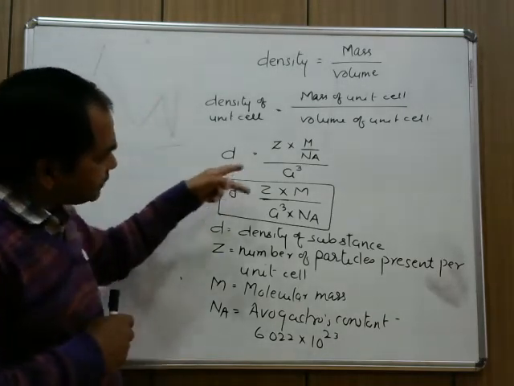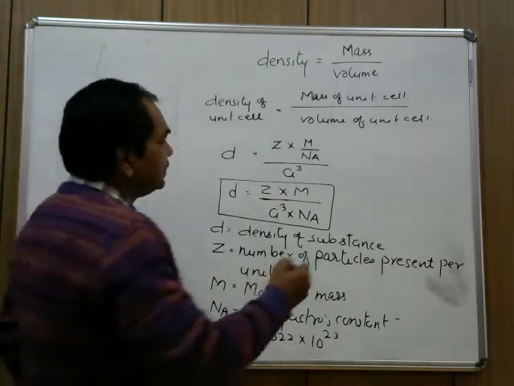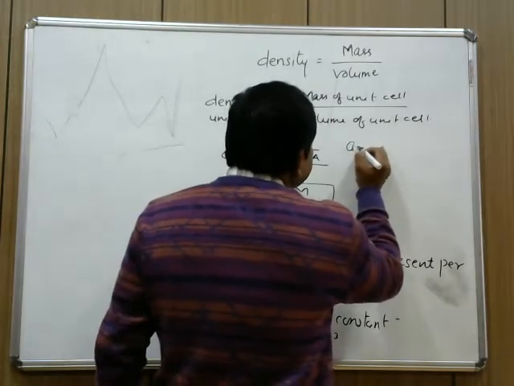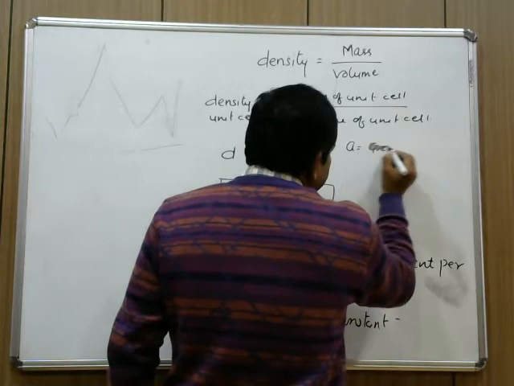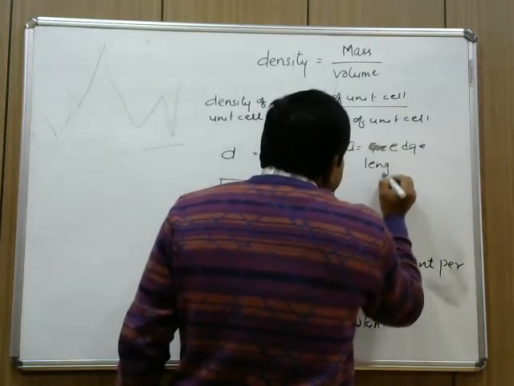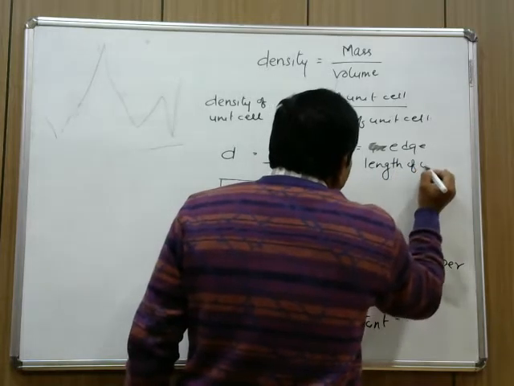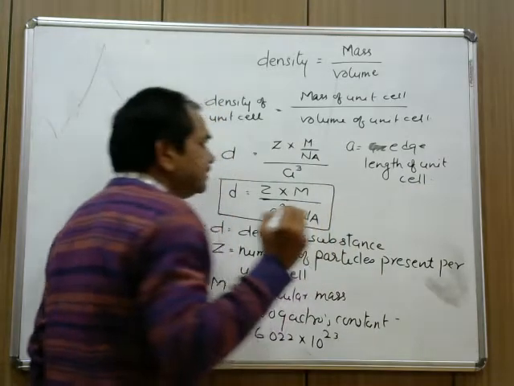So out of these 5 parameters which are given there, A represents the edge length of unit cell.